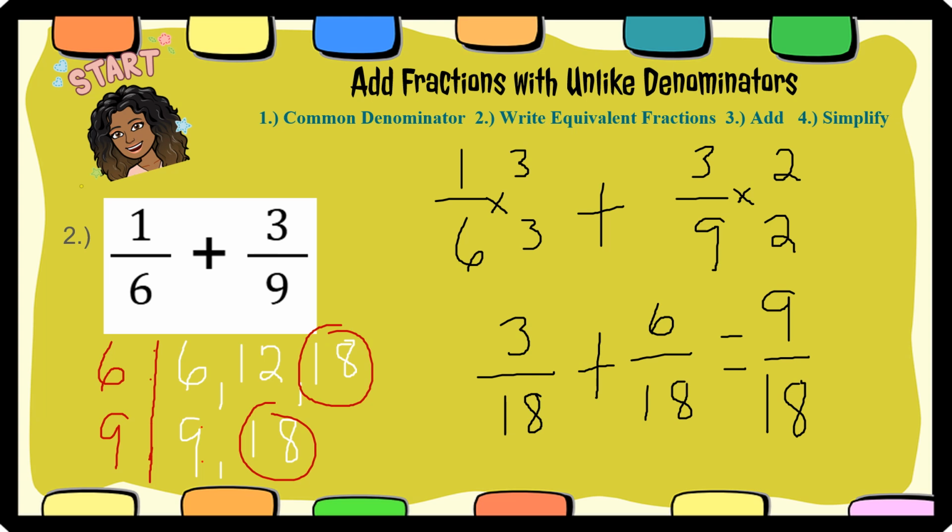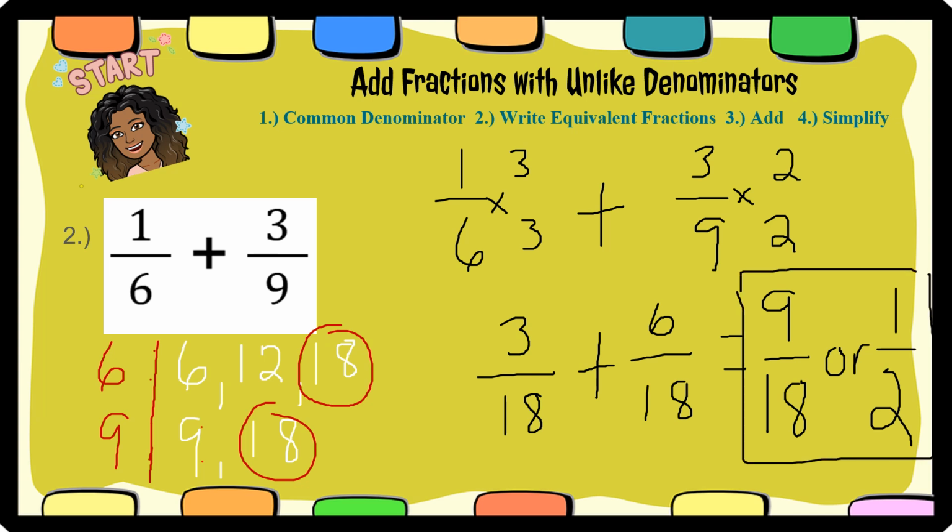But 9/18 can also be simplified as 1/2, because 9 can go into 9 one time and 9 can go into 18 two times. So our answer is 9/18 or 1/2.